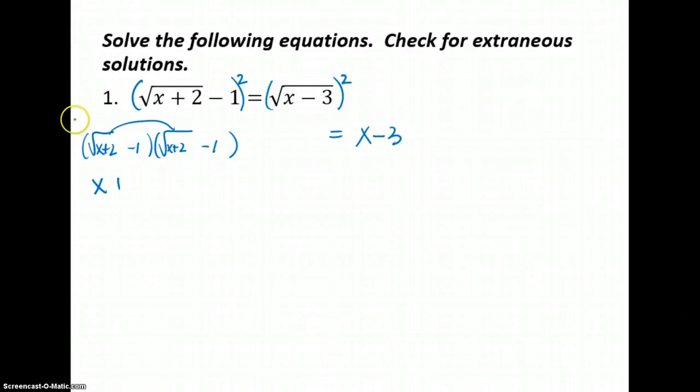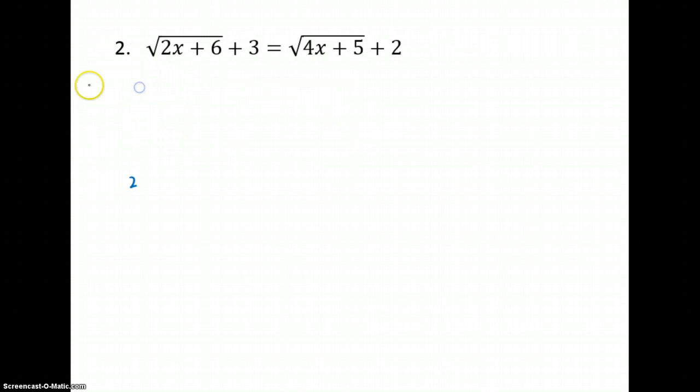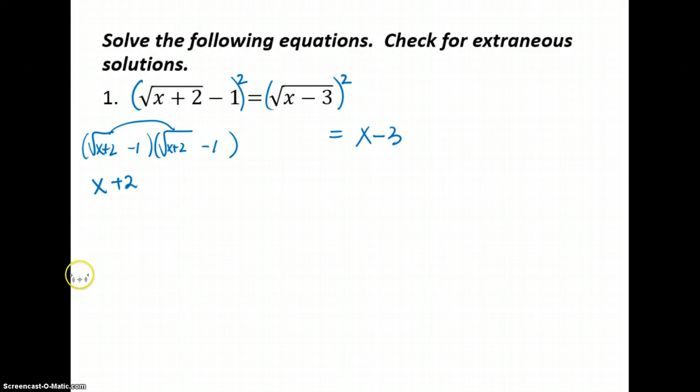I end up with x plus 2. Now when I distribute to this term, I get minus square root of x plus 2. When I go here, I get minus square root of x plus 2, and go this way, plus 1 equals x minus 3.